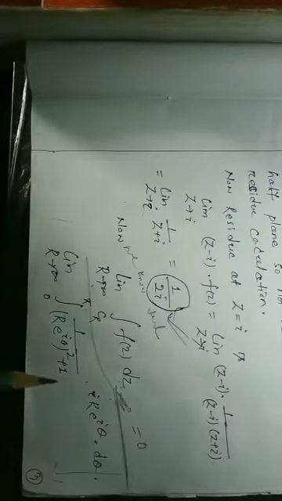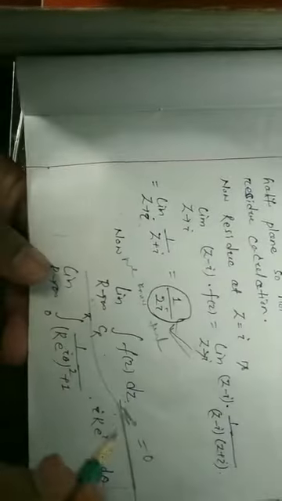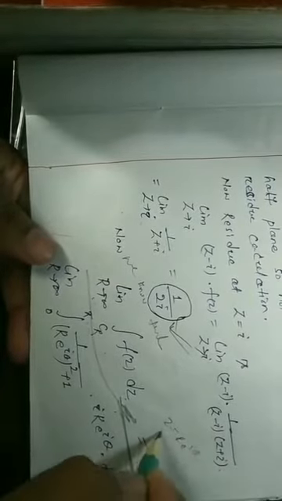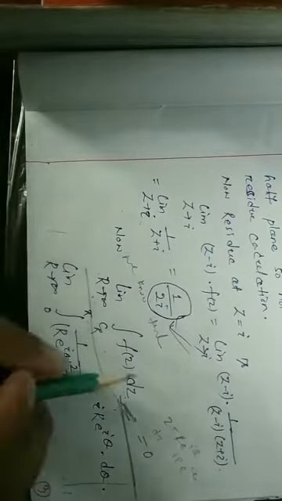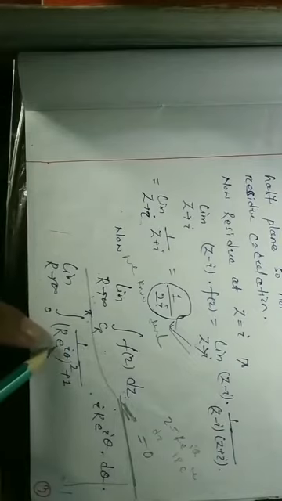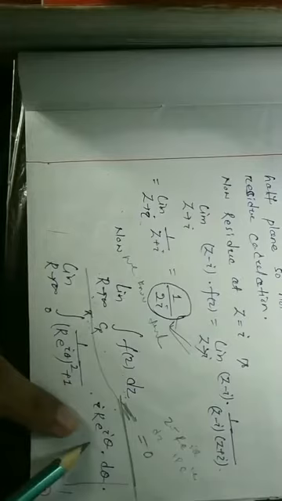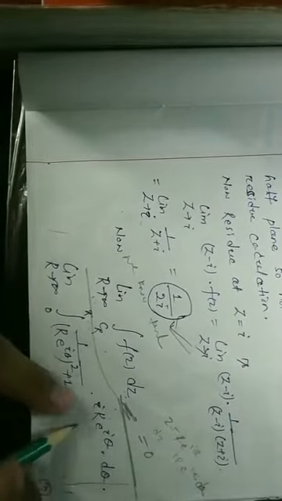We put z is equal to r e to the power i theta, and dz is equal to i r e to the power i theta d theta. Then the integral from 0 to pi, 1 by, instead of z, r e to the i theta square plus 1, instead of dz, i r e to the i theta d theta.